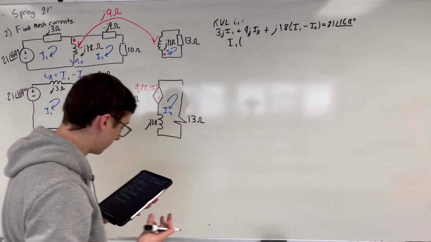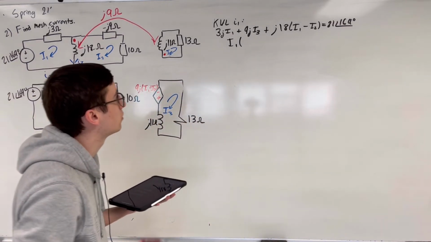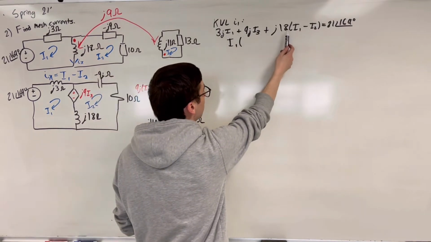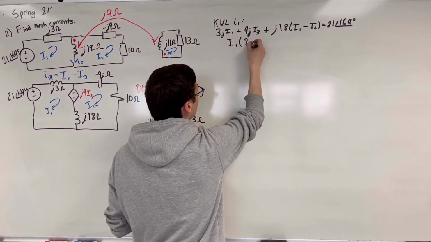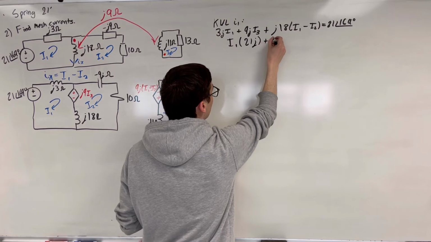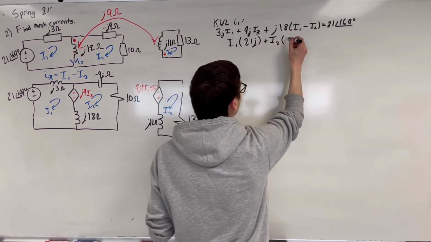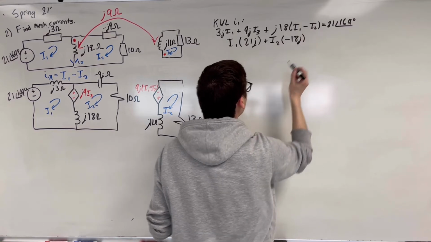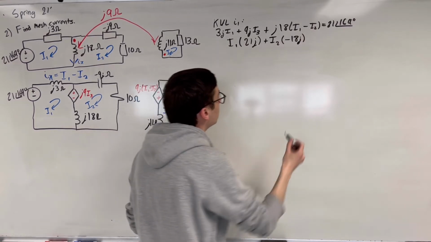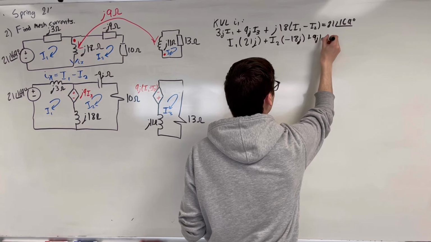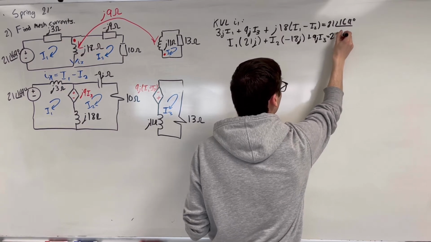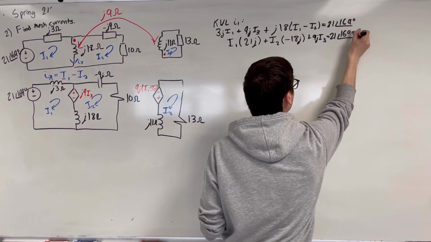Yes, okay, I was right. So now that's going to be equal to 3j plus 18j, which is 21j I1, and now plus I2, which is going to be equal to negative 18j. And then we're going to have plus 9j I3 is equal to 21 phase angle 169 degrees.